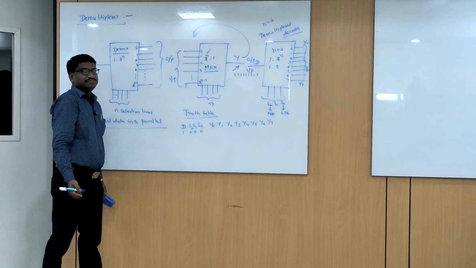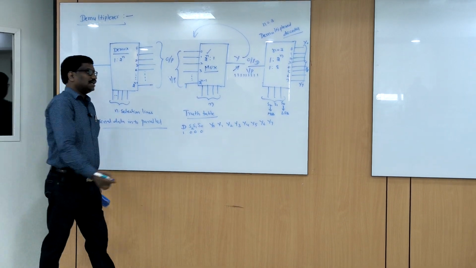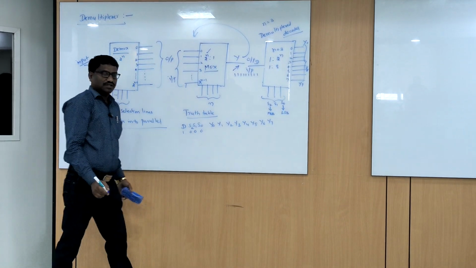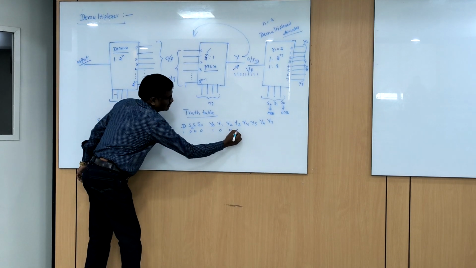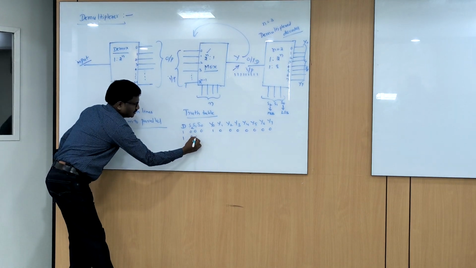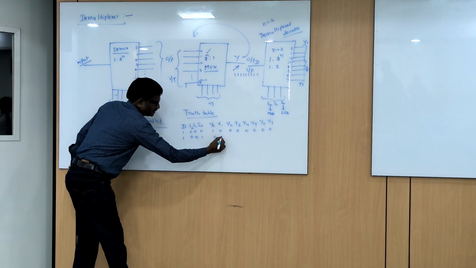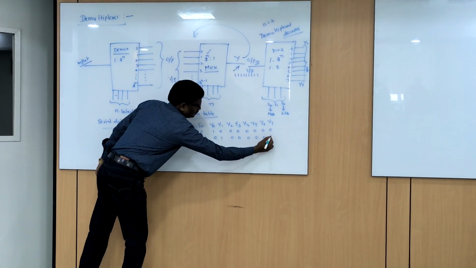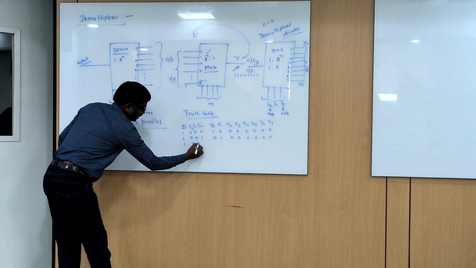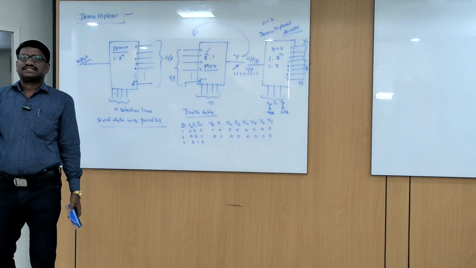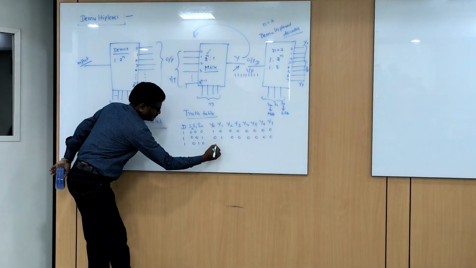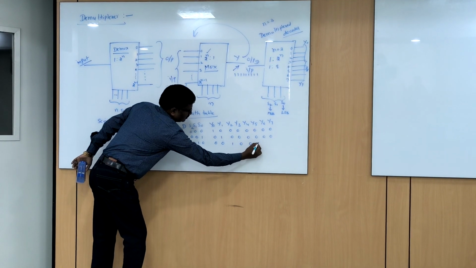When 0 0 0, what is the meaning of that? Whatever is coming on the data line will be routed to Y0. So the output will be 1, and the rest of them will be zeros: 1 0 0 0 0 0 0 0. Next, selection 0 1 0 selects Y2, so the output is 0 0 1 0 0 0 0 0.